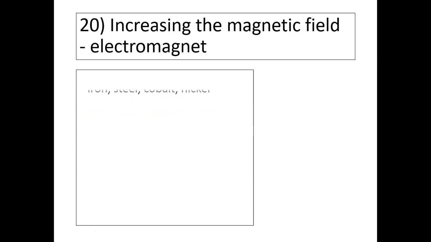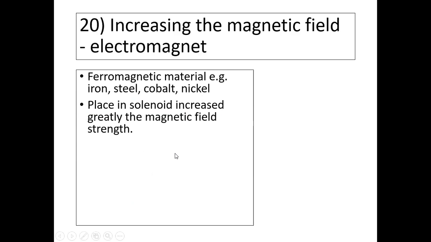For example in an electromagnet, you can use iron, steel, cobalt, nickel, which we call ferromagnetic material. You place it in the solenoid, and it will increase the strength of the electromagnet. So we just modify by using mu R. Mu R is for iron or steel, whatever we use.